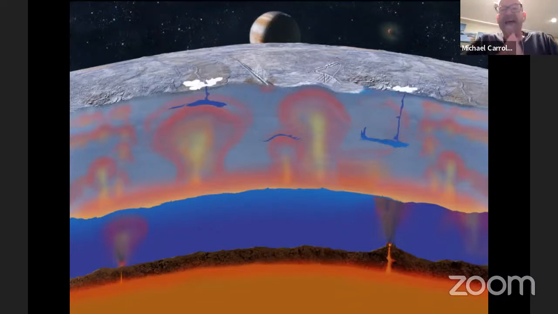But then the magic happens. Europa travels through Jupiter's magnetosphere, and that radiation irradiates the stuff in the water, the impurities, and it turns it brown. So the brown stuff that we see in the outer solar system is photochemistry.